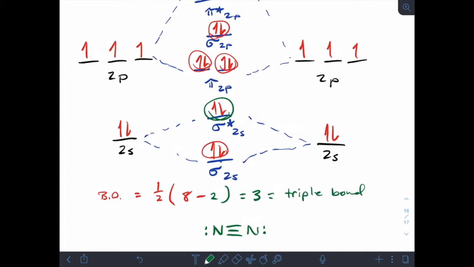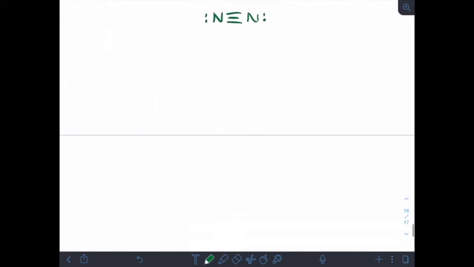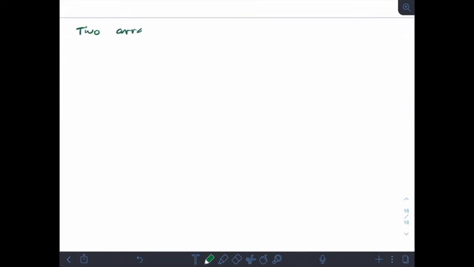When we're dealing with these larger molecules, there are 2 different arrangements of our MO diagram. We get one arrangement for B2, C2, and N2.